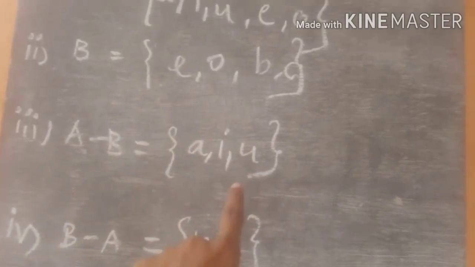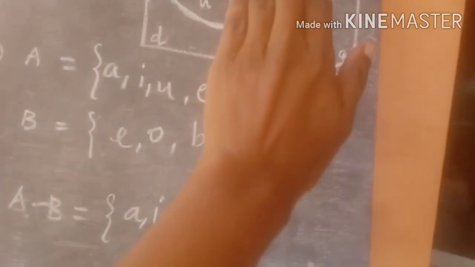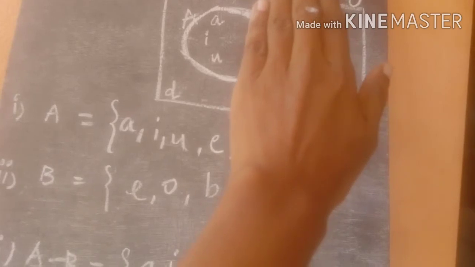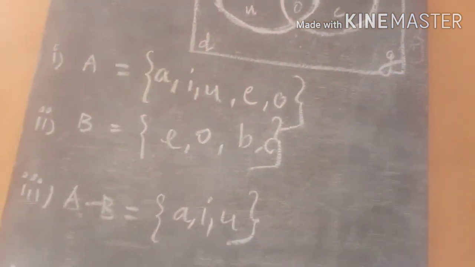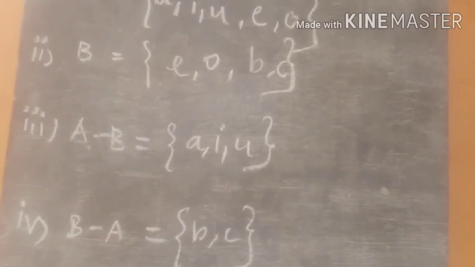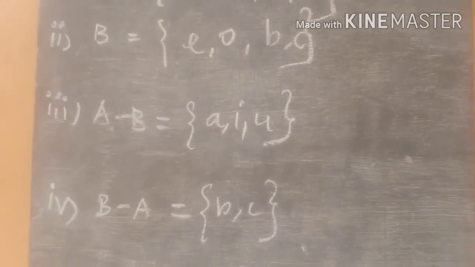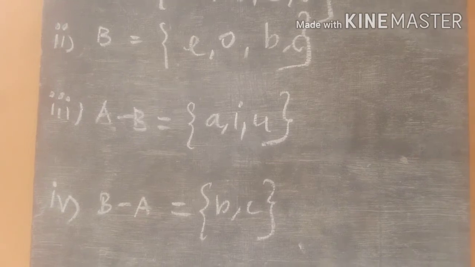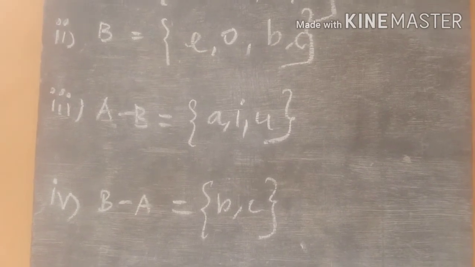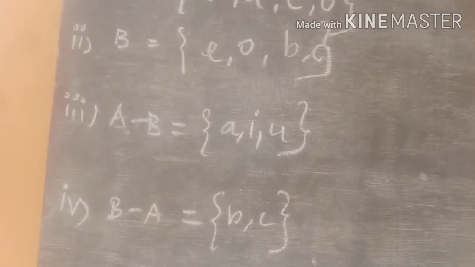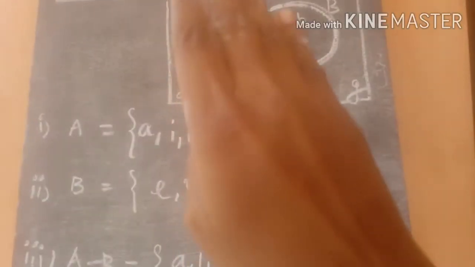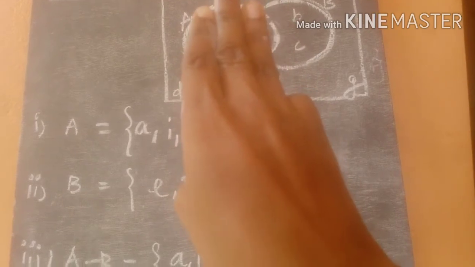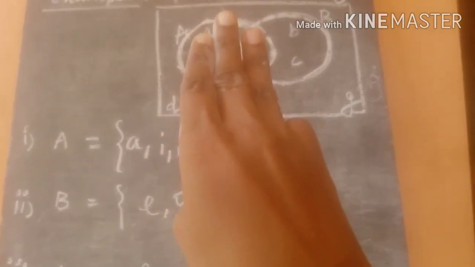So you have to hold the B set. The remaining elements of the A set are A, I, U. That is the answer. Okay? Next B minus A. Now you are going to hold the A set because it is in second place. Then the remaining elements of the B set are the answer. What are the remaining elements of the B set? B, C. That is the answer.